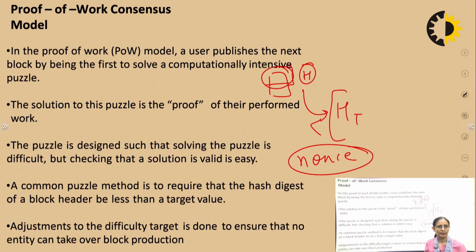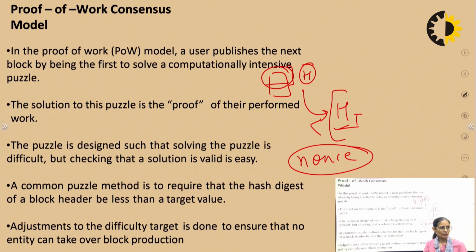On these different hash values, we compare with the target value and see whether we have reached an answer. As soon as we reach a correct answer, that is, we get a hash value which is less than the target, we say we have got a solution, and that particular miner becomes the leader.